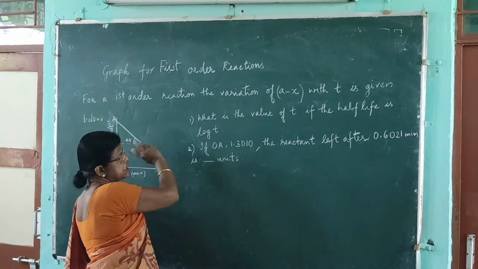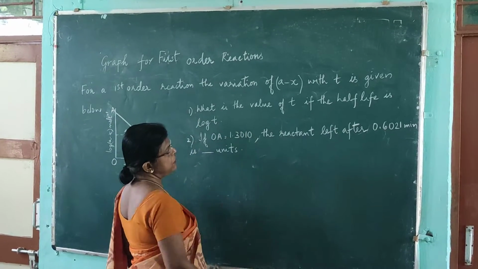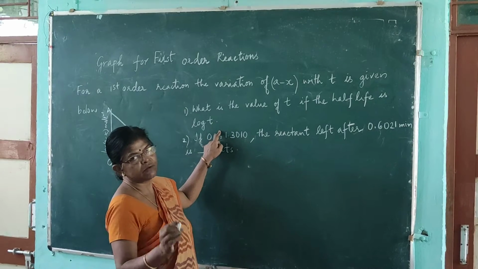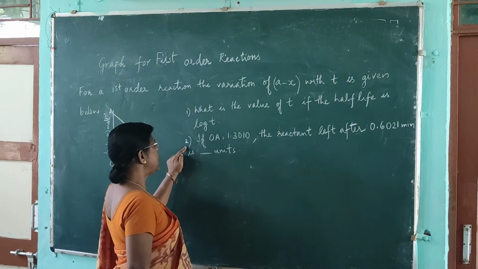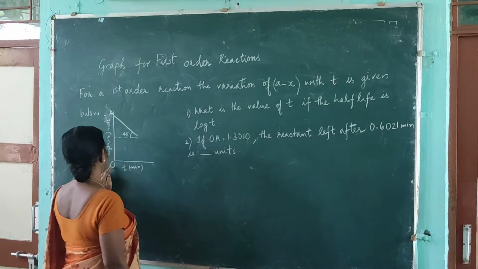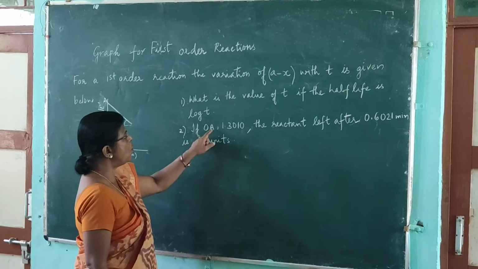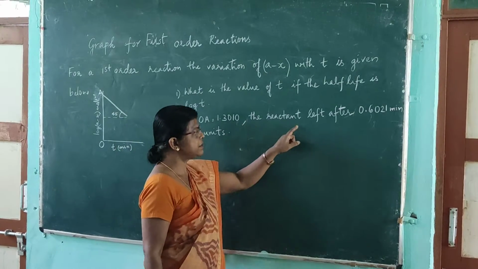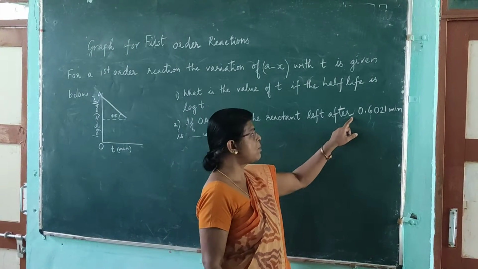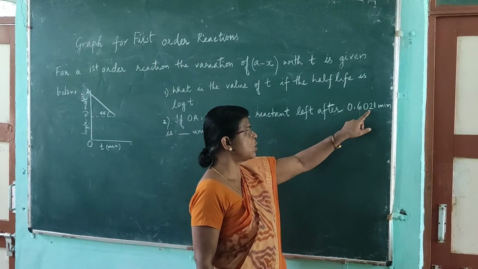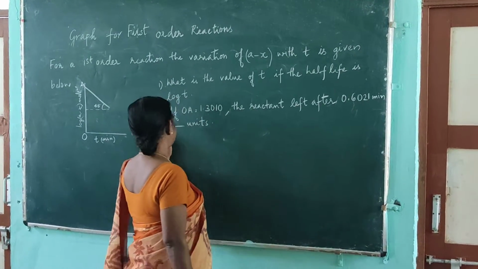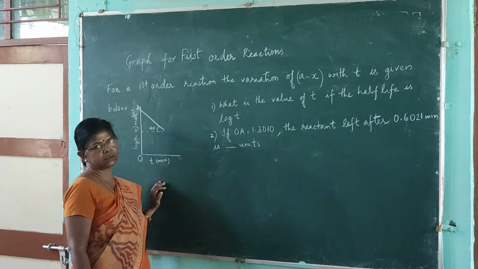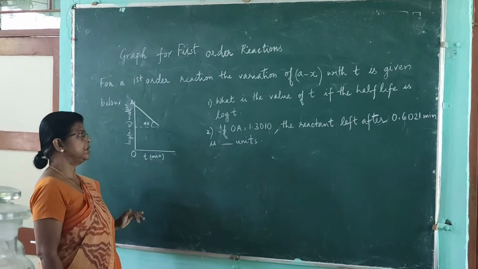What is the value of T if the half-life is log T? That is the first part of the question. Second part: if OA is 1.3010, the reactant left after 0.6021 minutes is dash units. The question has got two parts. Let us analyze the question.